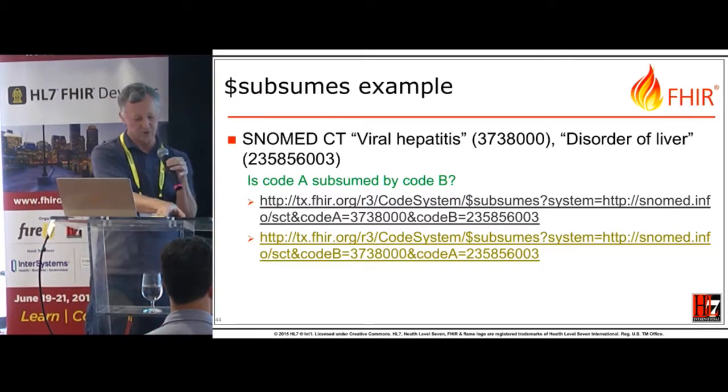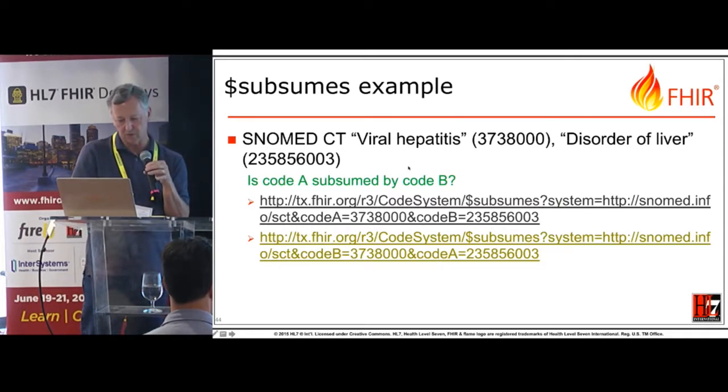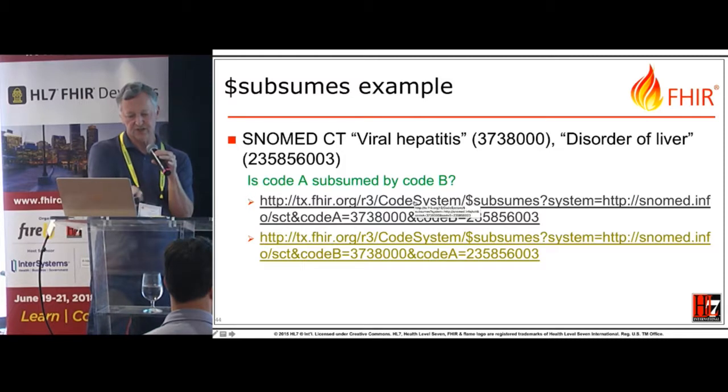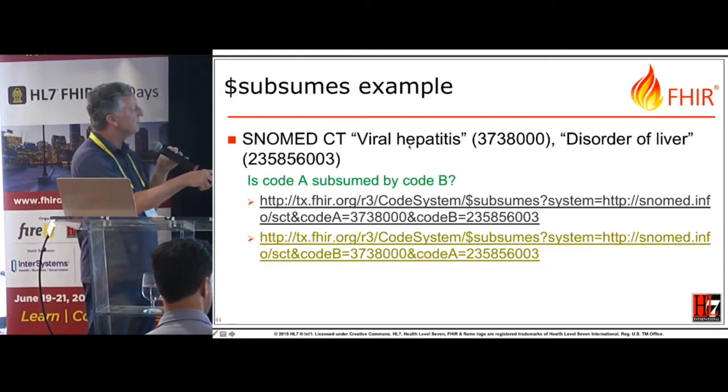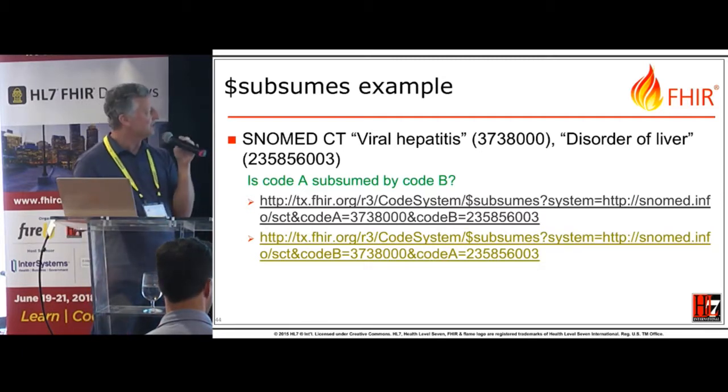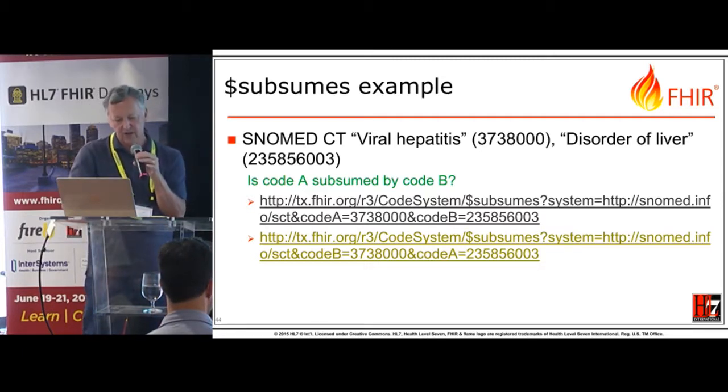And I can actually do it in either direction. I've got both of them on here, but if I do code A, the question is, is code A subsumed by code B? So this is code A, viral hepatitis, subsumed by disorder of liver? From my clinical perspective, the answer should be yes, because viral hepatitis is more specific than disorder of liver.